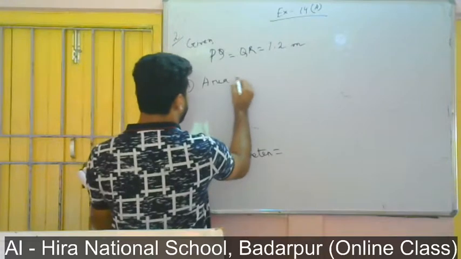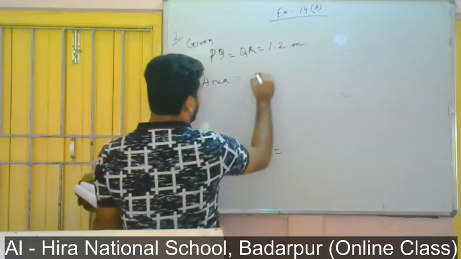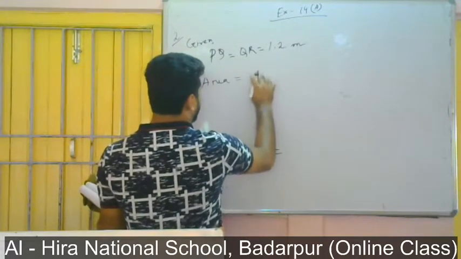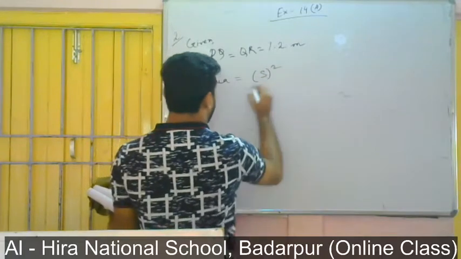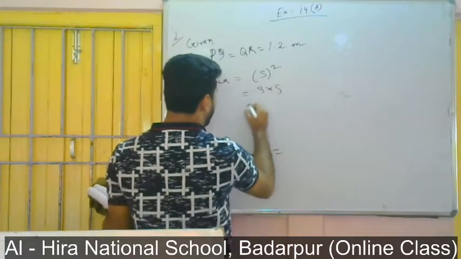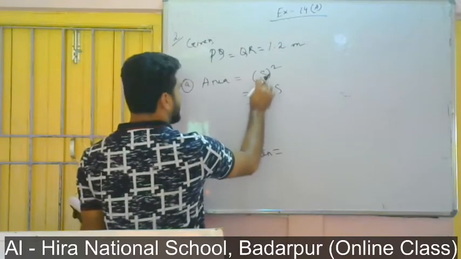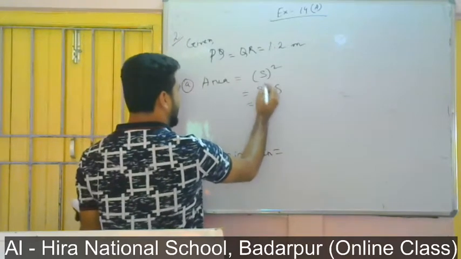Now we have to find the area. Area we know is one side square. That means S square, you can write S square, that means S into S. In place of writing side, I have written S. You can write side also.